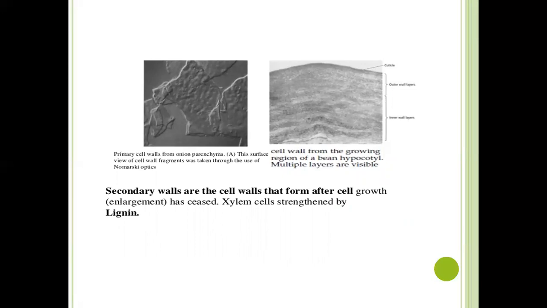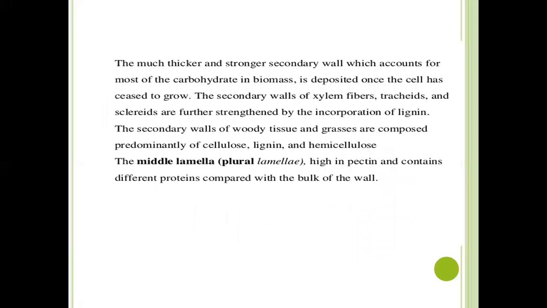Secondary walls are the cell walls that form after cell growth or enlargement has ceased, and xylem cells are strengthened by lignin. The much thicker and stronger secondary wall, which accounts for most of the carbohydrates in biomass, is deposited once the cell has ceased to grow.